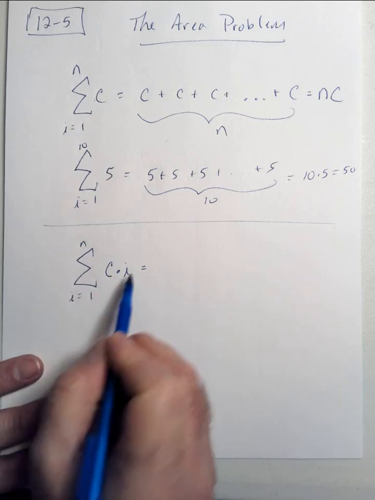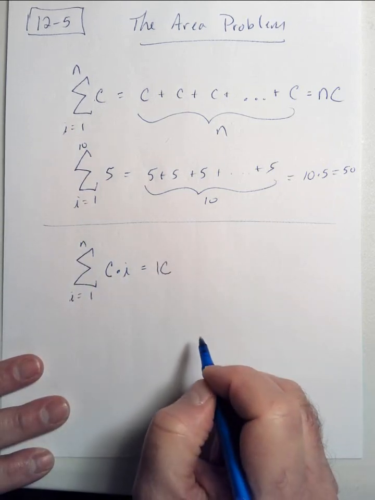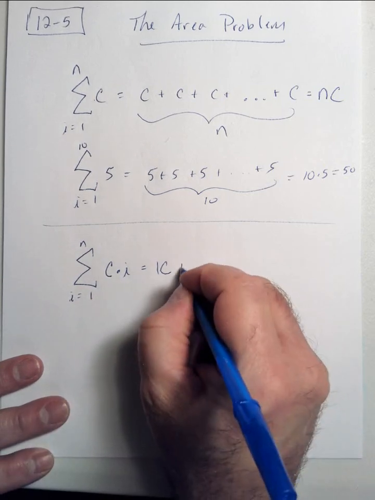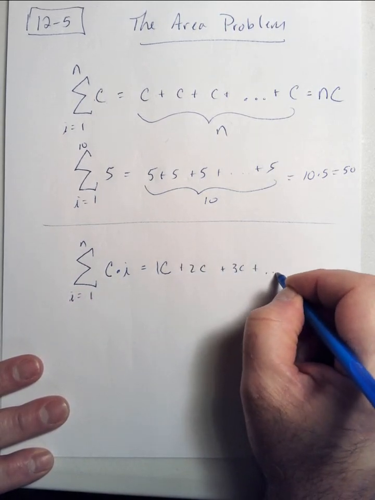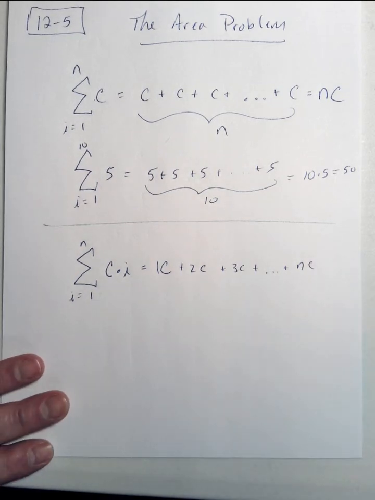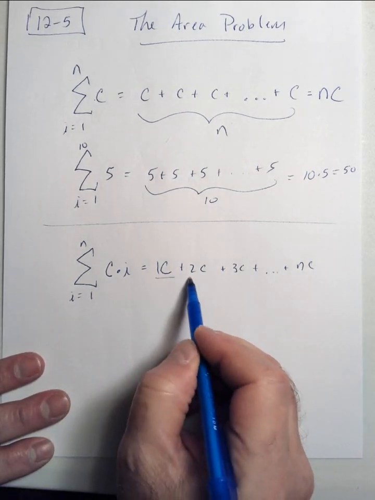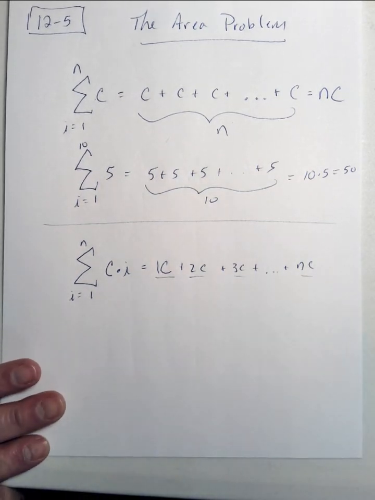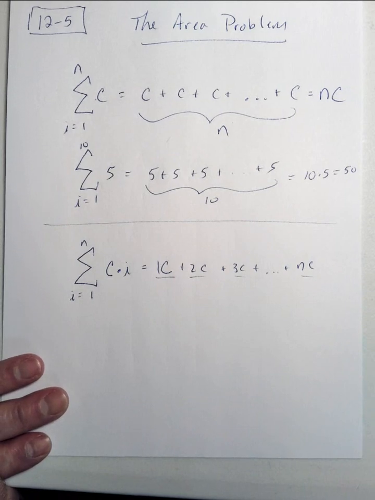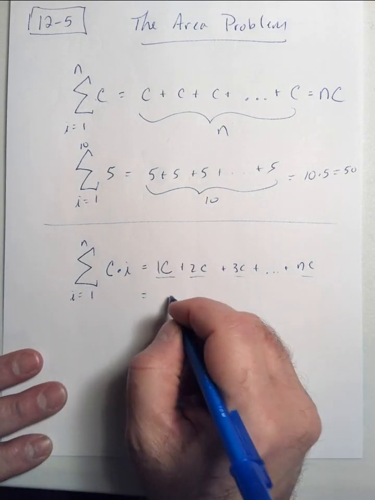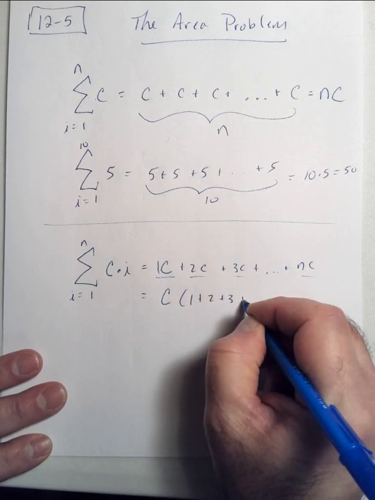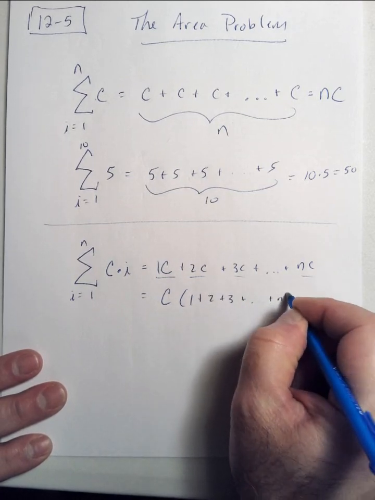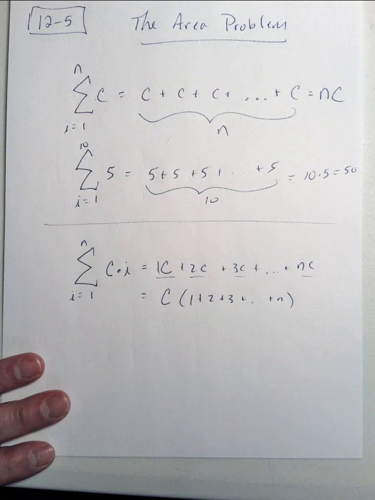The first time I is 1, so we have 1C, then I becomes 2, then 3, all the way until we get to n. But in each one of these terms in the sum, we have that constant, which means it can be factored out.